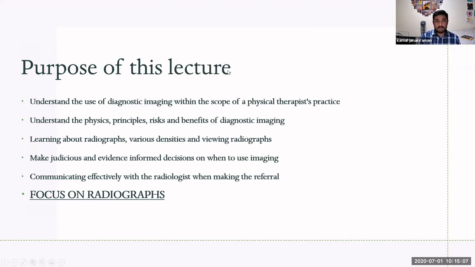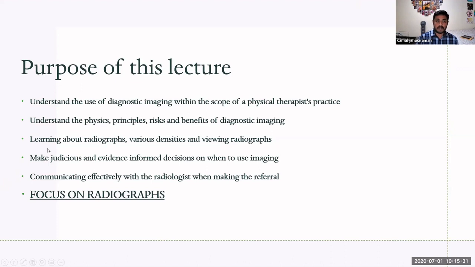So what is the purpose of this lecture? What are you going to study in today's class? First, understand the use of diagnostic imaging within the scope of your physical therapy practice. Second, understand the physics, principles, risks, and benefits of diagnostic imaging.